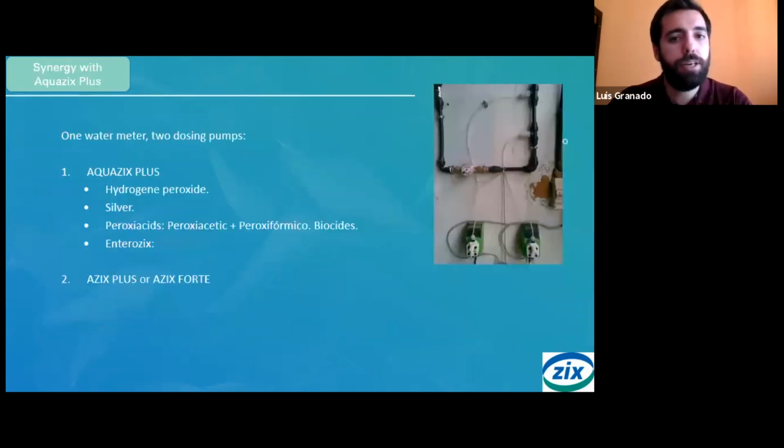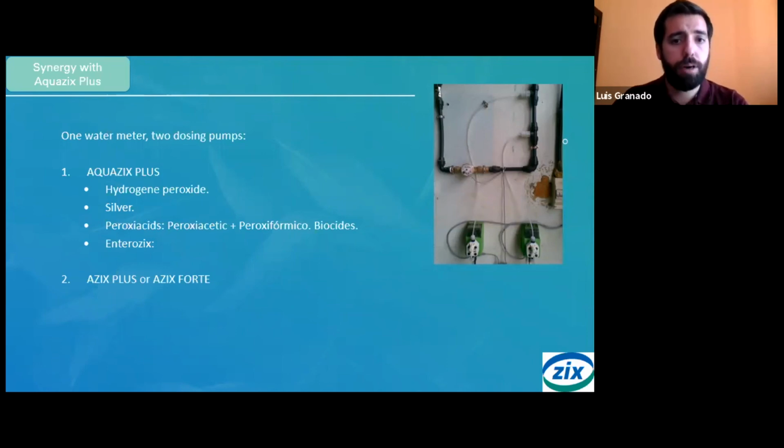So just to be clear here, once again, none of the ASICS products are bactericidal, right? They are not a biocidal treatment, so we cannot use them as a water sanitation treatment. They will not improve the microbiological quality of the water. For that purpose, we have Aqua6 Plus, which, as you know, is based on hydrogen peroxide, silver, peroxy acids, and has got the enteric nucleus as well.